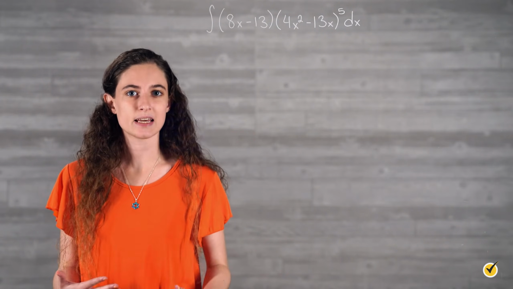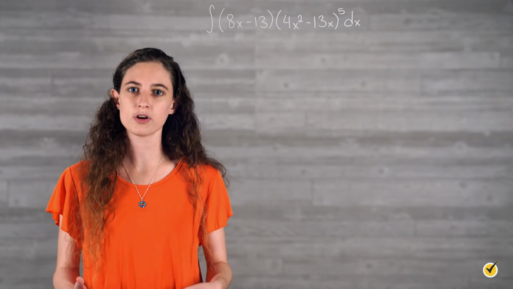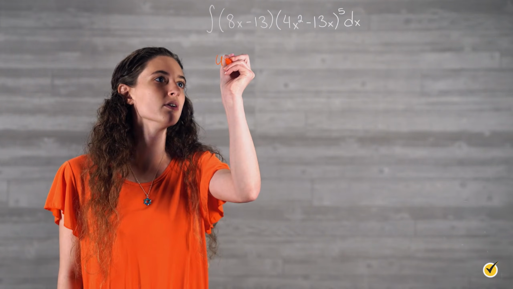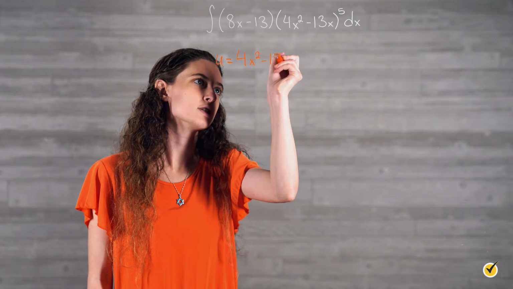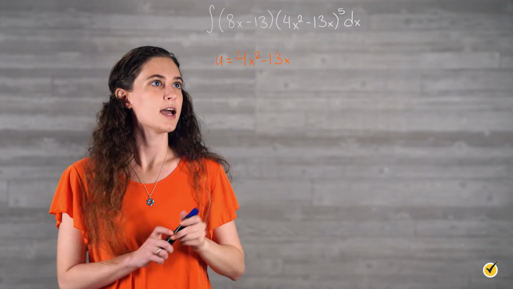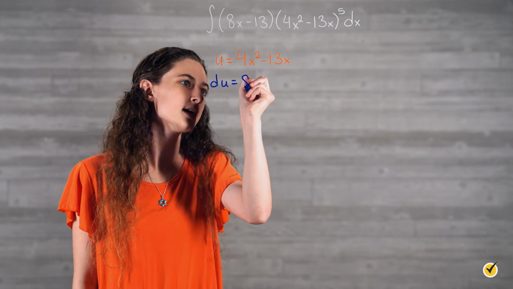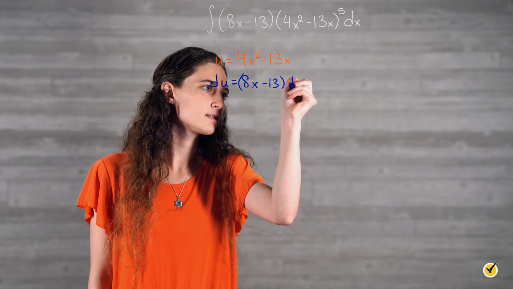In this case, since 8x minus 13 is the derivative of 4x squared minus 13x, we'll call 4x squared minus 13x our u. So u is equal to 4x squared minus 13x. Then we'll take the derivative of this and get that du is equal to 8x minus 13 dx.